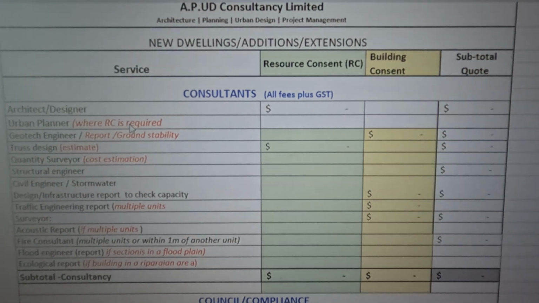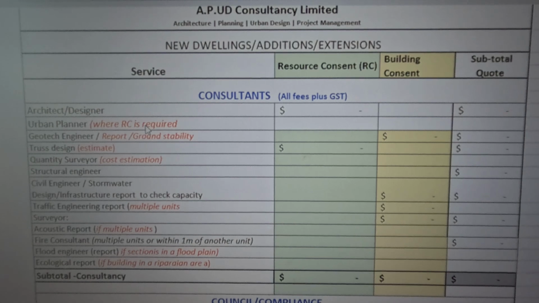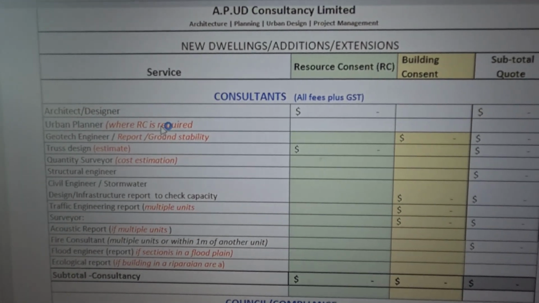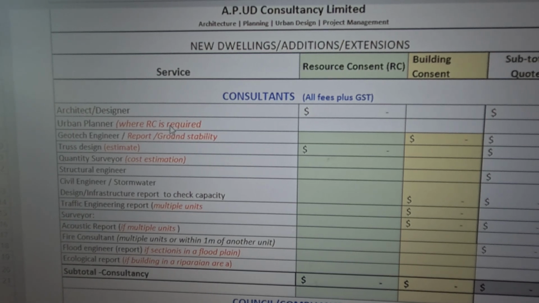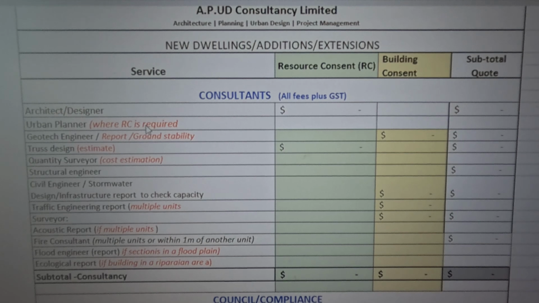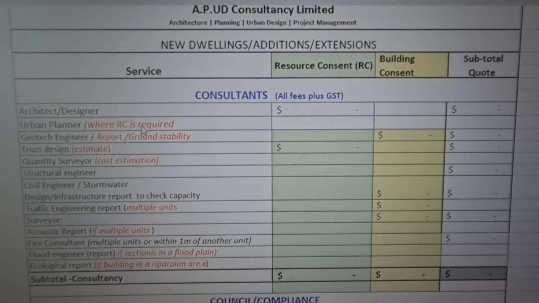When you talk to council, they will always advise you the same thing: talk to an urban planner, a qualified professional, to help you prepare a resource consent. In my practice, we have done resource consents before, so we do most of our resource consents in-house.